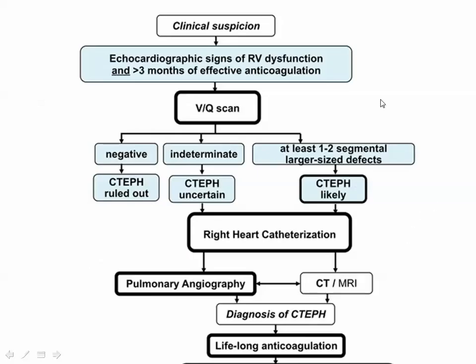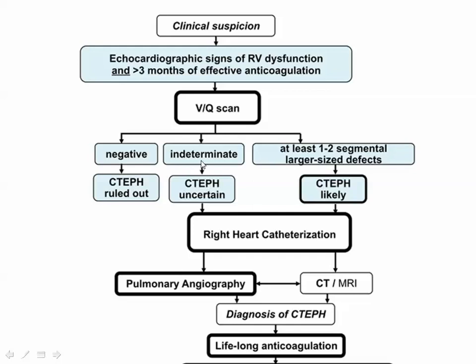Then, if you have a clinical suspicion of CTEPH, you proceed for echocardiography, and you see right ventricular dysfunction and more than 3 months of effective anticoagulation in a patient with previous history of pulmonary embolism. Then you go to perfusion ventilation scan. If it is negative, no CTEPH.